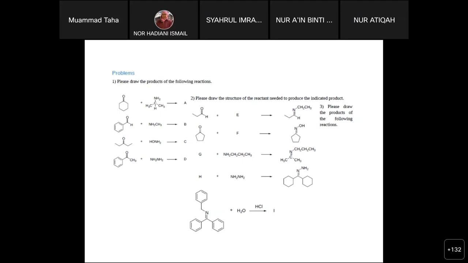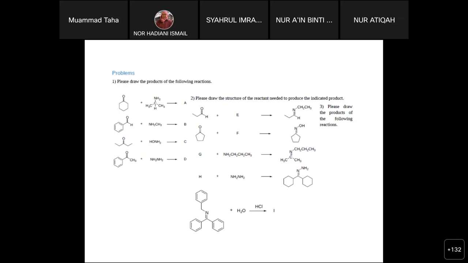This is simple. Yes, imine. Yes, this will form imines, good. So the oxygen will be replaced by the nitrogen. The rest of the things remain the same.